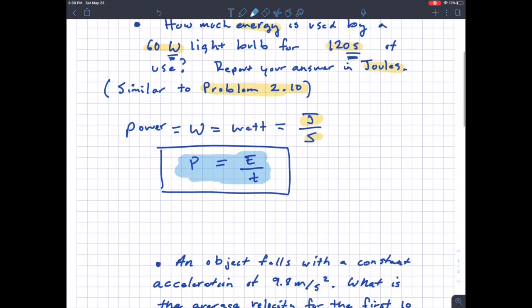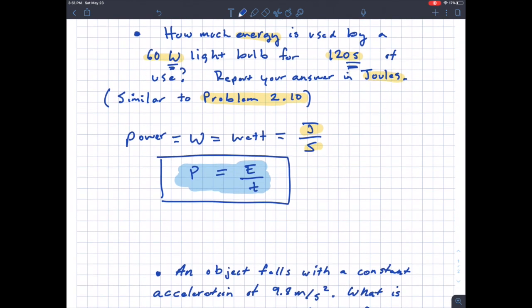Okay, so we can then solve this problem, all right, since we know the equation. Okay, we are wanting the energy, so energy is going to be power times time. We have a 60-watt light bulb, okay, and then we need to multiply that by time in seconds, right?